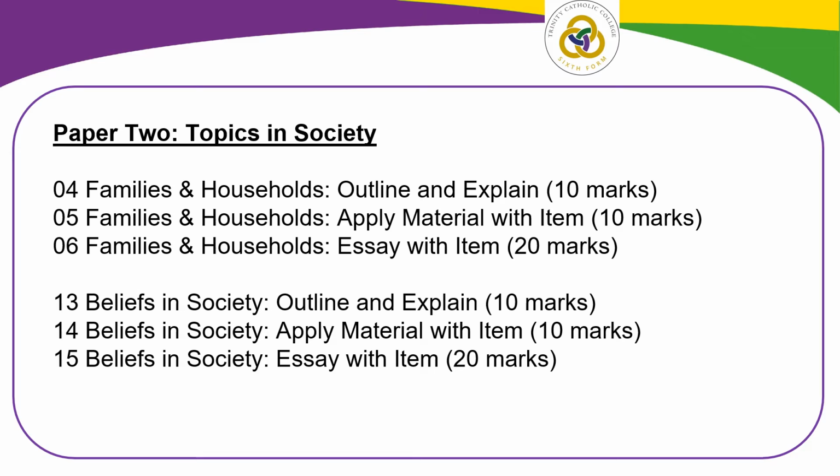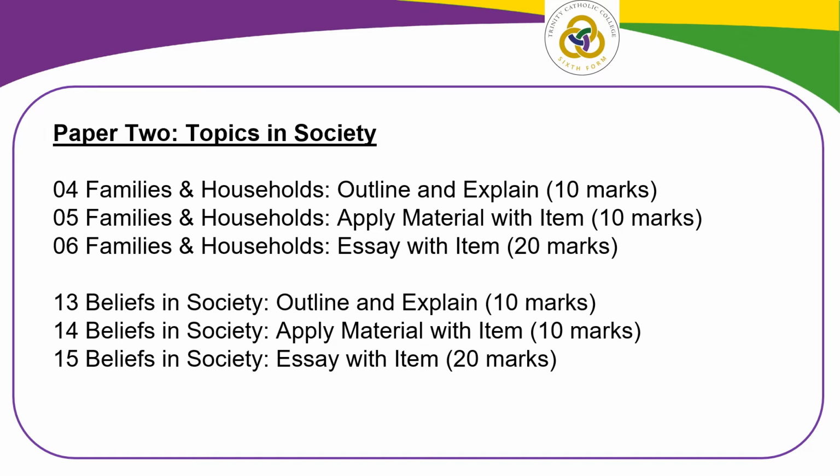Paper 2 covers families and households and beliefs in society, and the questions follow the same outline for each section. So question 4 and 13 both have 10 marks. They're outline explain just like paper 1, so it's 2 5-mark paragraphs.